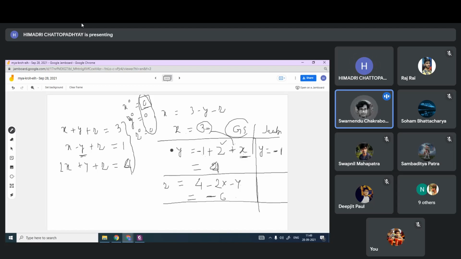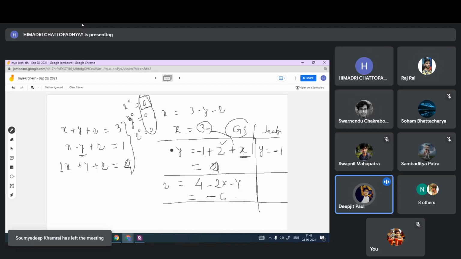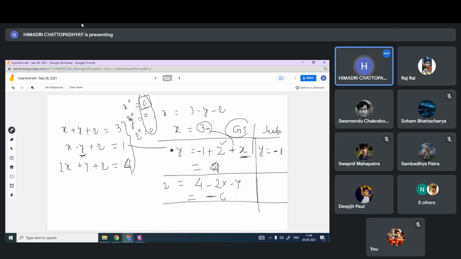Sir, it was y, not 2. Now the y equation is coming from this: 1 minus x. See, this y is going to this side. So y will be plus 2, I guess. Yes sir, instead of z, you have taken 2.